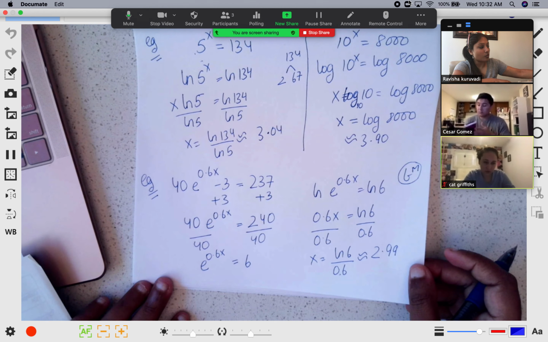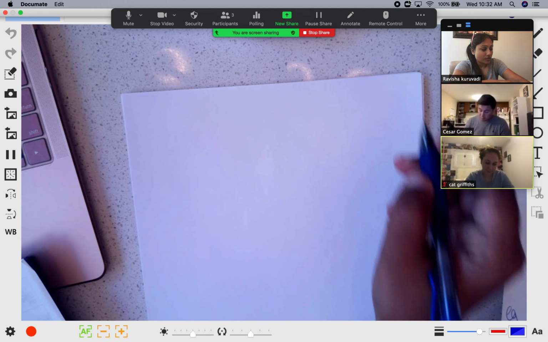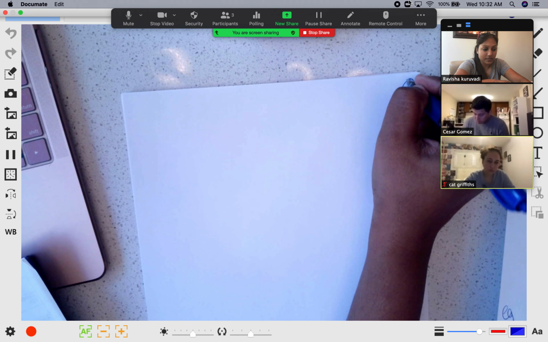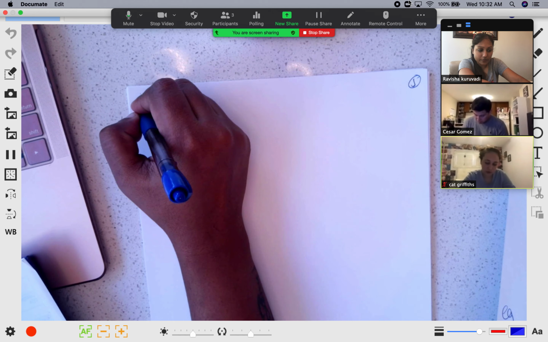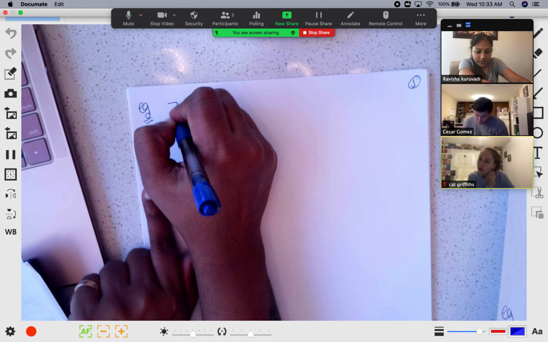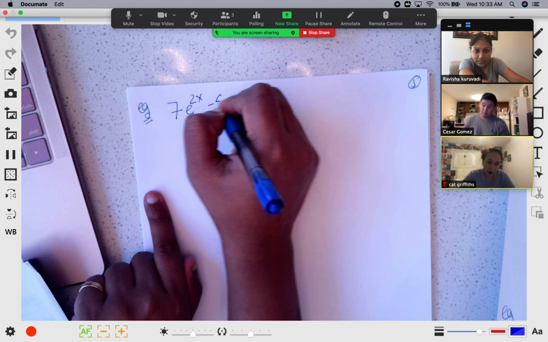Okay, let's do one more problem here. One more problem here is an example. You have to do it yourself. You have 7e to the power of 2x minus 5 is equal to 58.